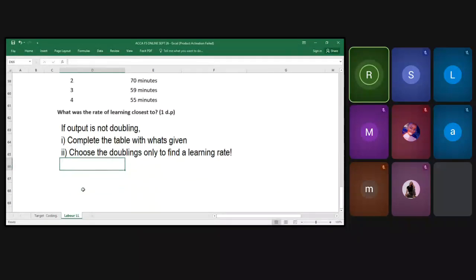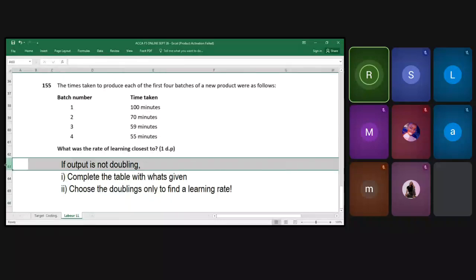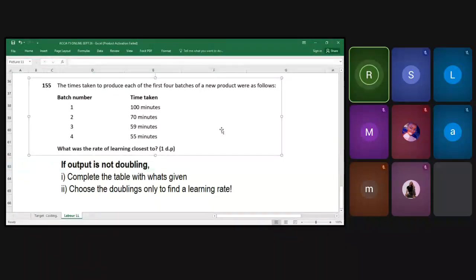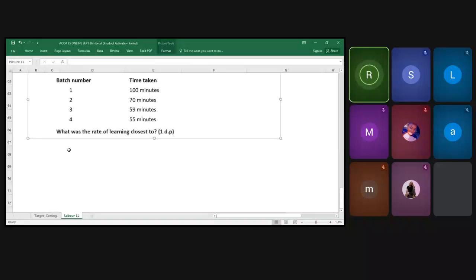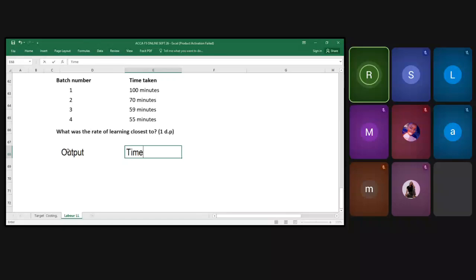So we are going to just make use of these two nodes to find the labor learning rate. Okay, we are going to create our table using whatever is given. Output. First of all, output, time taken, then total time, and then average.